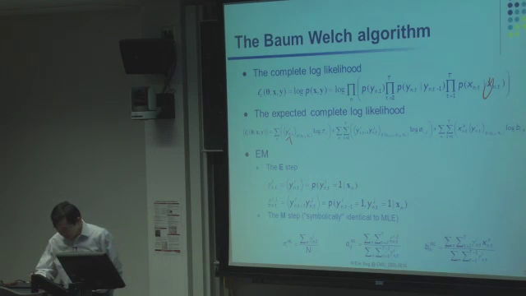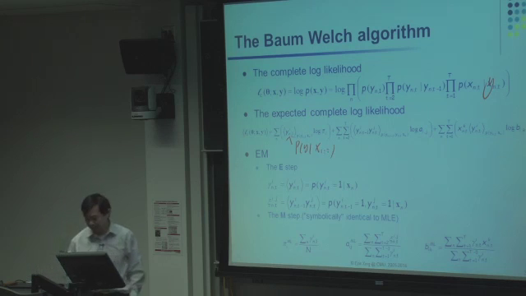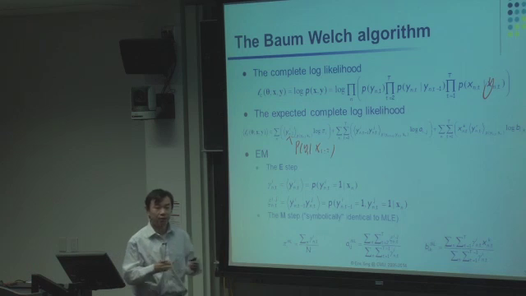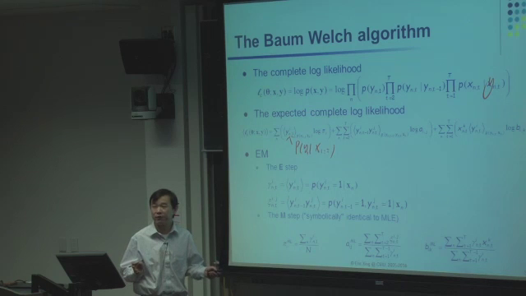For that, it's clear that we need to compute P of Y given X 1 to T, the entire thing. Do we know how to do that? We learned that in our inference class. It can be done using the forward-backward algorithm.